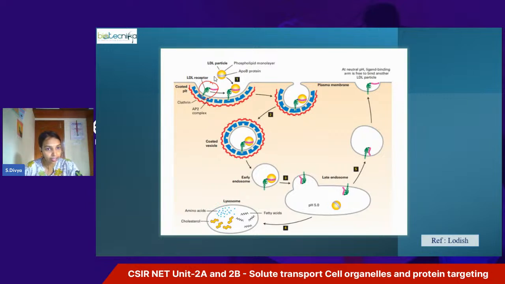Because without that conserved amino acid sequence, it will be difficult for your LDL particle to go and bind to the receptor. What is that amino acid?